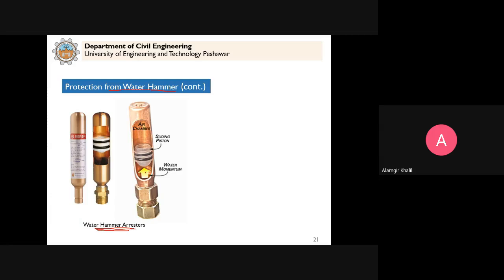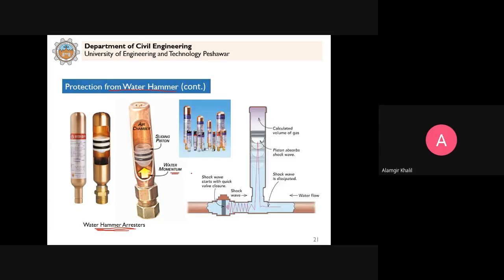The water will rise due to the high pressure and it will push this spring against the air, and this is how it will absorb that water momentum, and the pipes will be protected against the high pressures, otherwise the pipes will be damaged.